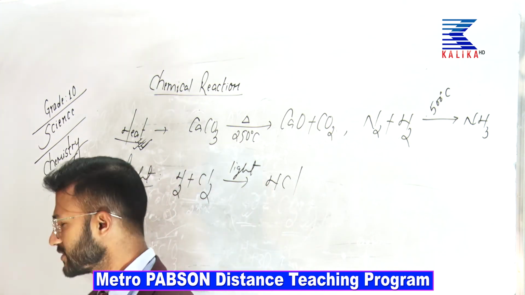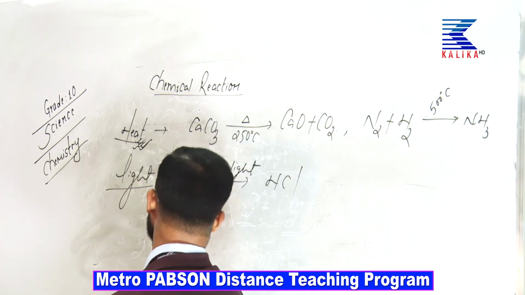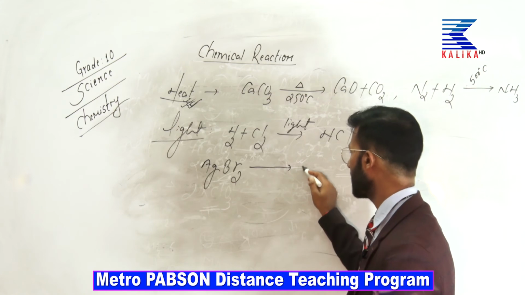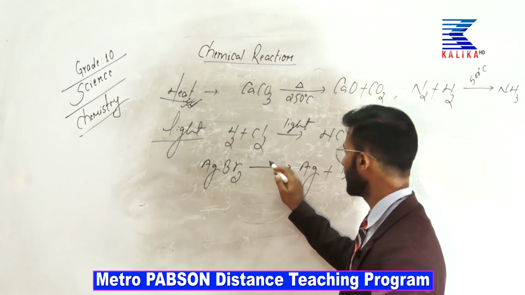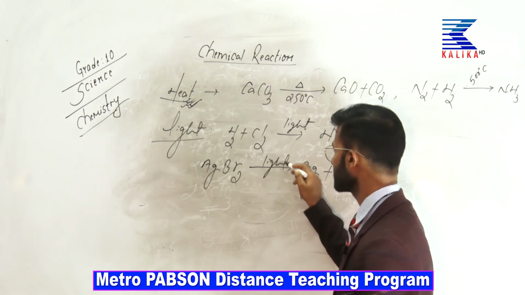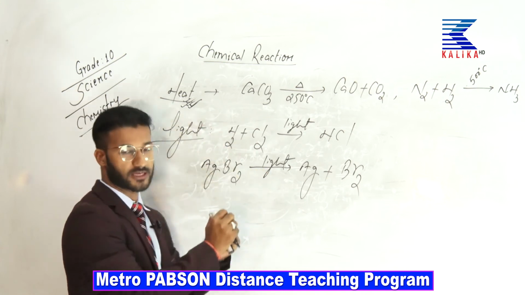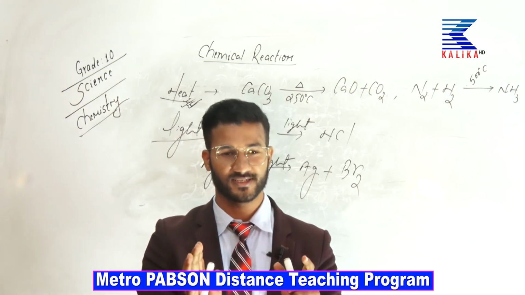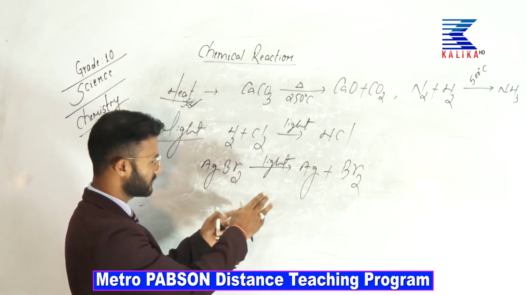The same happens when silver bromide is to be broken down. It breaks down into silver and bromine only when light is present. That is why light also affects chemical reactions. Some reactions cannot occur without light.